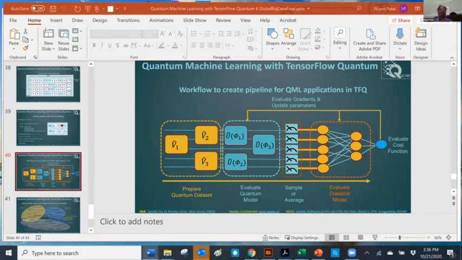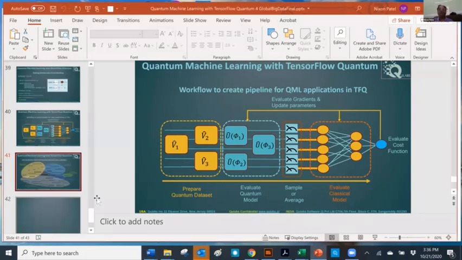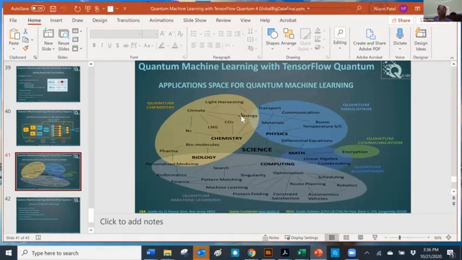So I think that gives me a few minutes. I have some of the applications that people are currently working on in chemistry, biology, physics, encryption, which is very big, and communication. That's something that we are working on, different aspects of computing, especially the quantum machine learning aspects.